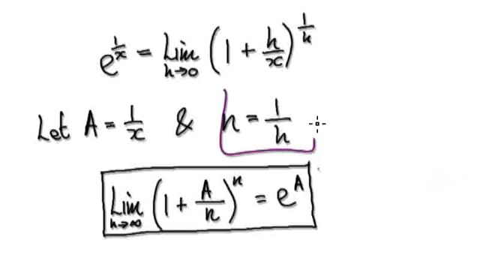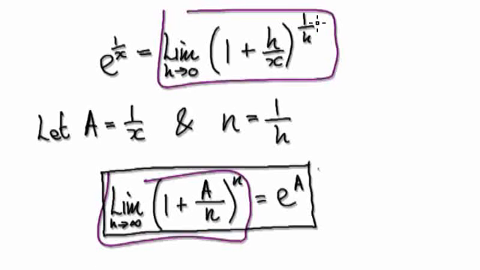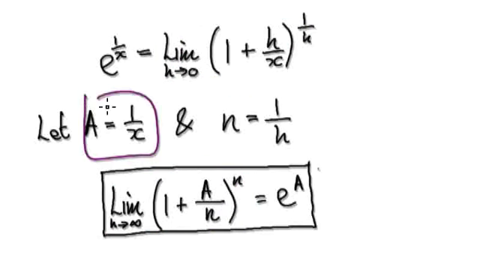You see, when you make this substitution, these two really align with each other. So let's start again. We are currently here. We want to get to here. This thing here is very similar to this. Make this substitution, a equals 1 over x, and then n equals 1 over h.